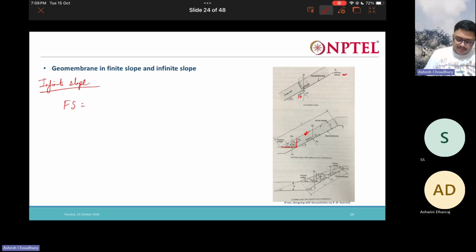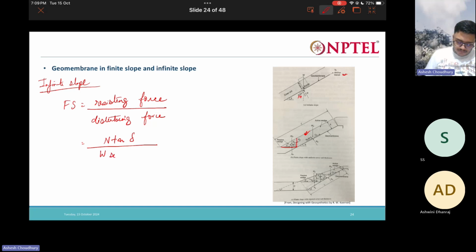factor of safety is what? Resisting force over disturbing force. Right? So this is the friction angle between the soil and geomembrane, delta.